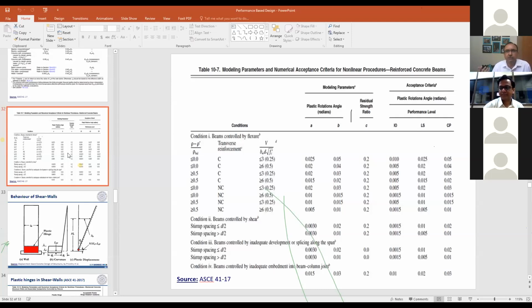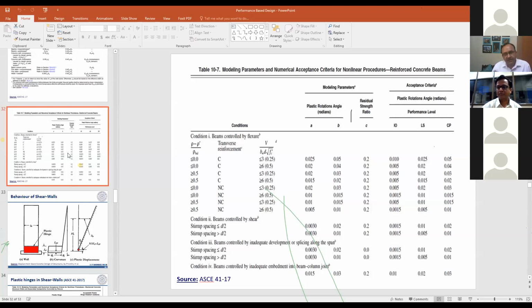If you look from the occupant's point of view, can you accept one member collapsing in your structure? So when you are designing a building, you should ensure that none of the members cross collapse prevention. As soon as your first member crosses the collapse prevention limit state, usually that is the definition for the whole structure.